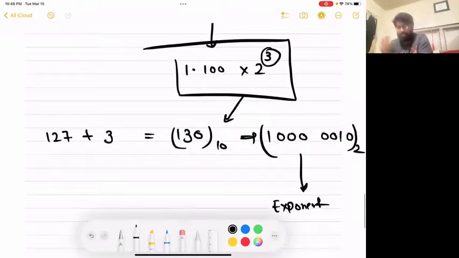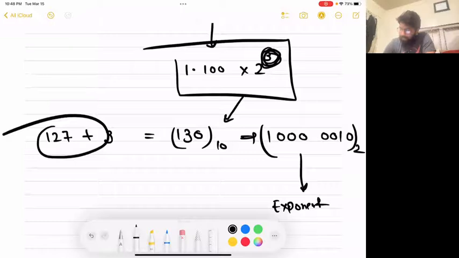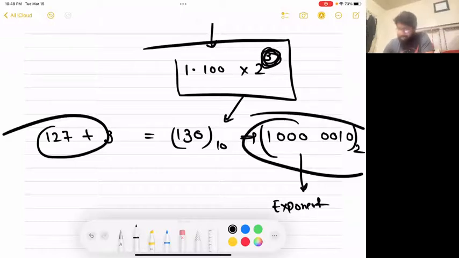So after doing the normalization, you're gonna add 2 to the power of whatever that exponent is. And that makes sense. That's why it's called exponent, because we are adding the exponent of 2 to 127 to get this number. And this number, since it was obtained by using the exponent of 2, will give us the exponent. Does that make sense?